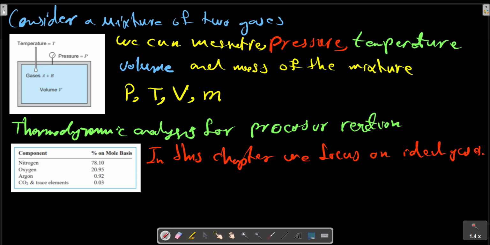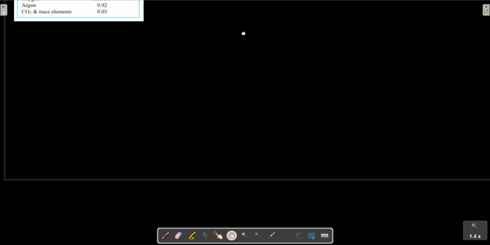In this book, we will consider only a single model in analyzing gas mixtures, namely the Dalton model.